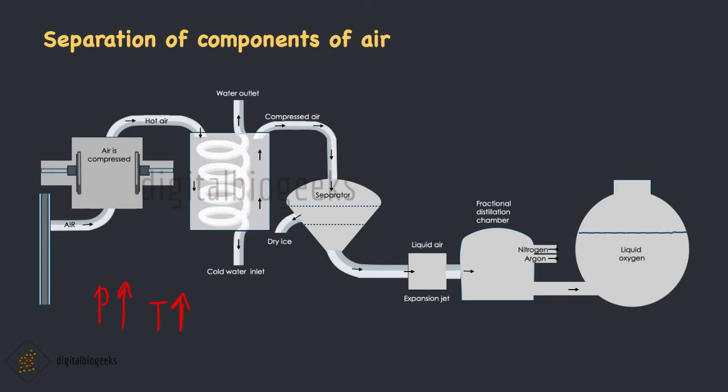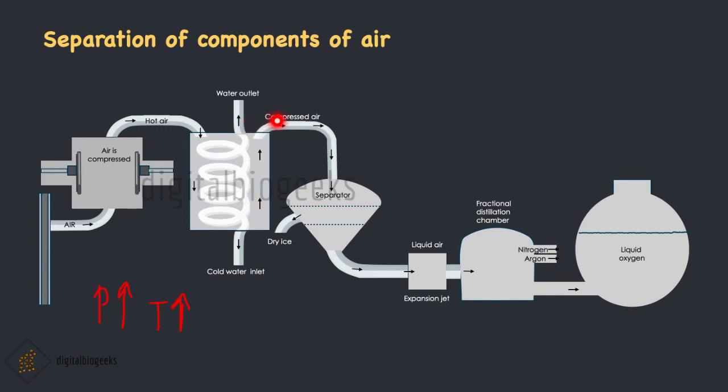This is a cooling chamber which contains a pipe for the passage of cold water. You can see the inlet and outlet for the water. When hot air comes in contact with the pipe that contains cold water, the temperature of air comes down. Air becomes cool.